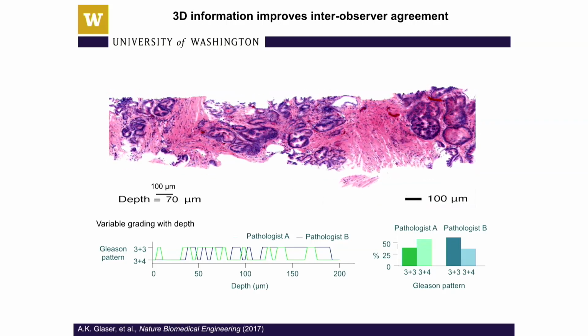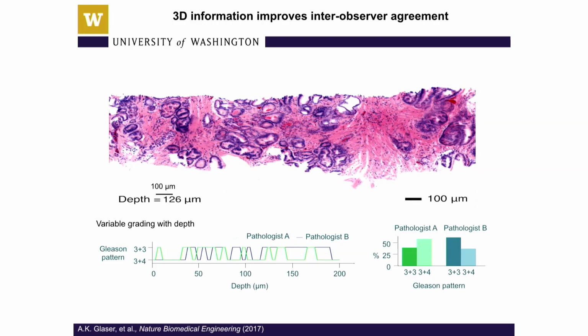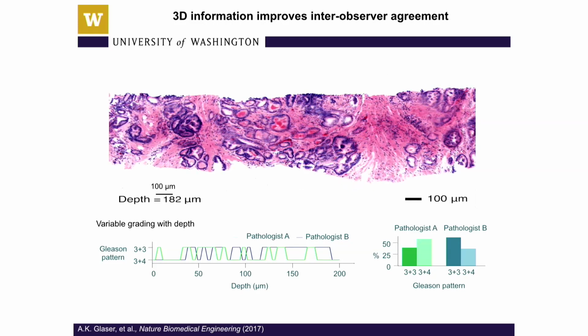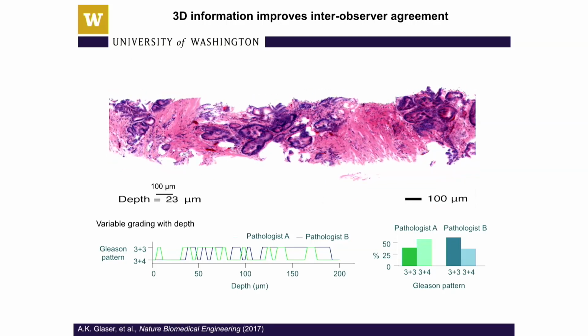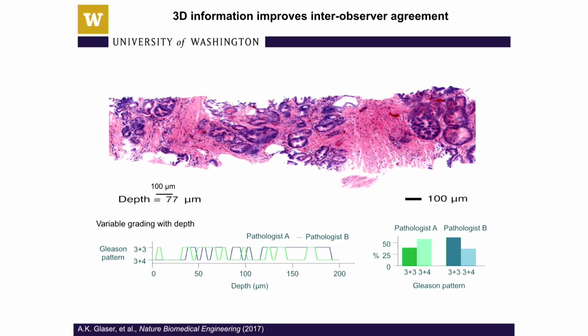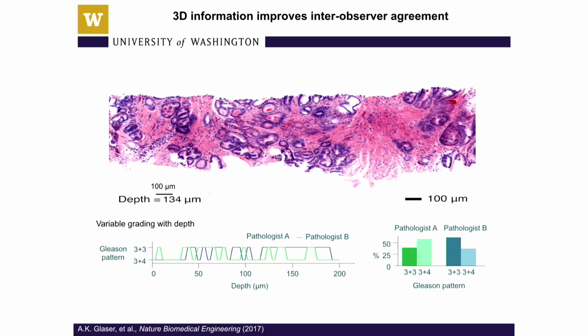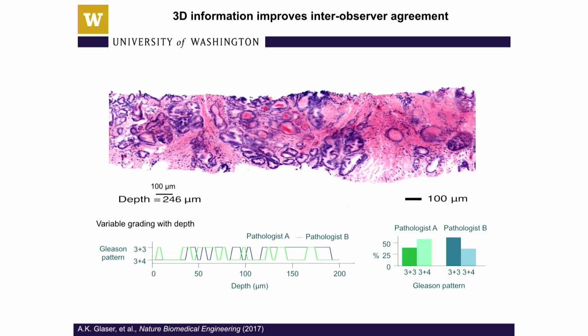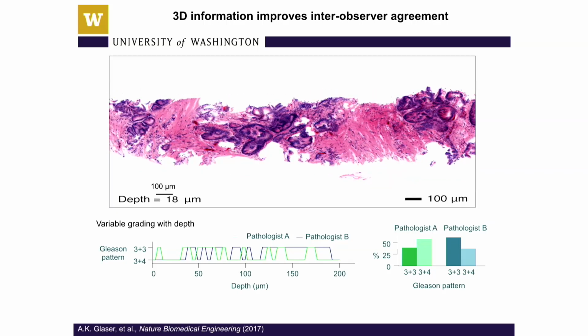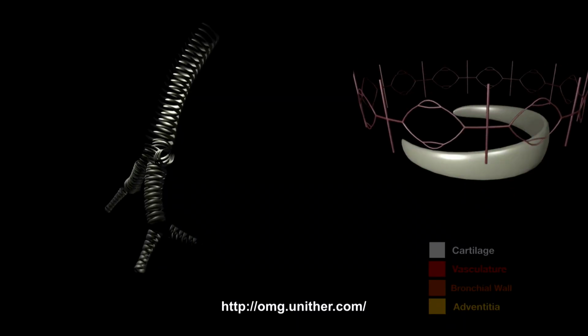This is the grading schema for prostate carcinoma. And the difference herein results in conservative treatment versus a radical resection. So there's a high degree of intra and inter-observer variability that can certainly be improved by actually giving people more information.